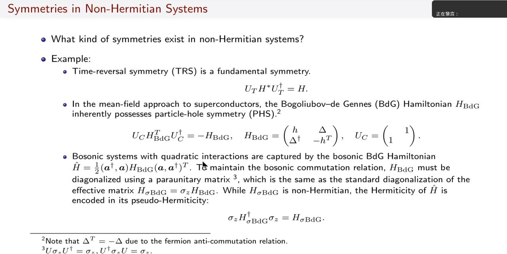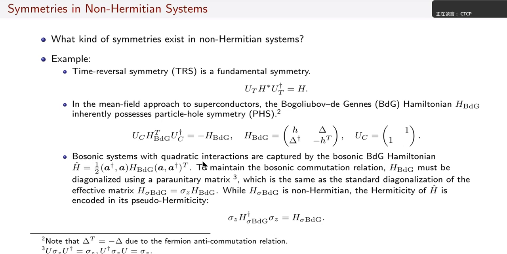Another example is the bosonic BdG Hamiltonian. Let's consider a bosonic quadratic system. It is given by a quadratic Hamiltonian H_BdG. But in a bosonic system, we have to diagonalize this Hamiltonian while keeping the bosonic commutation relation. That means we have to diagonalize this Hamiltonian by using a paraunitary matrix.